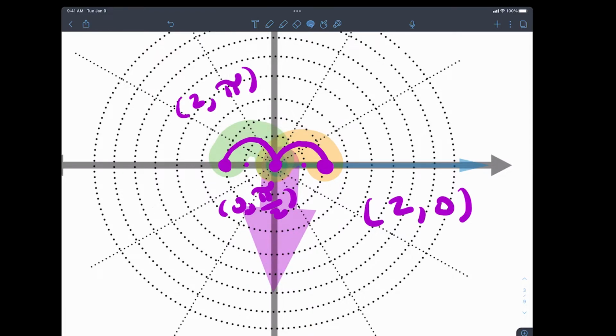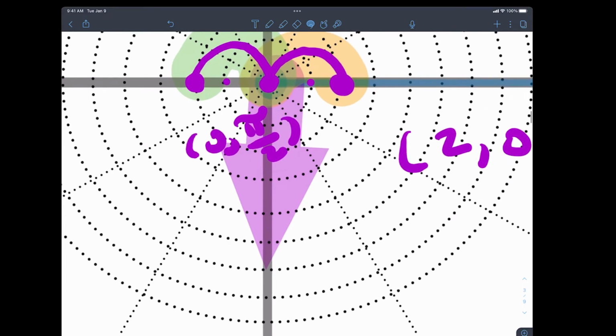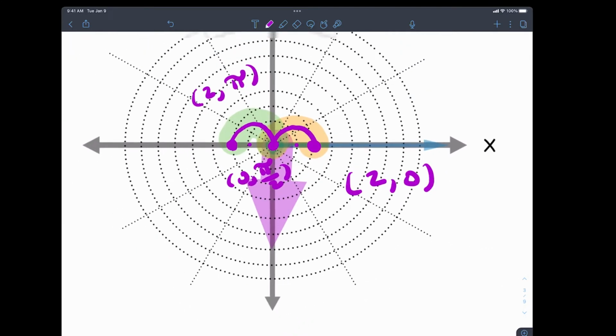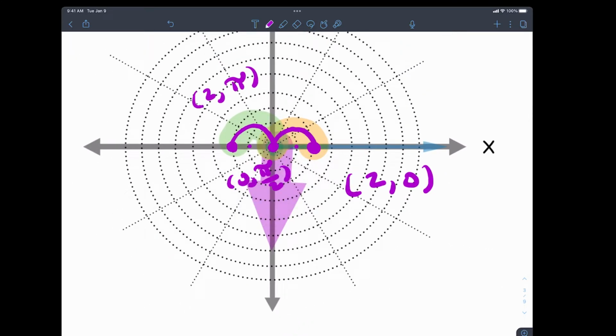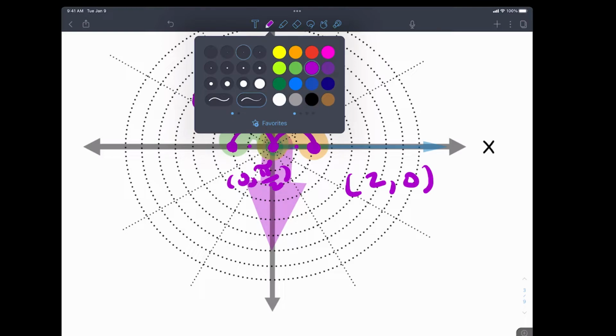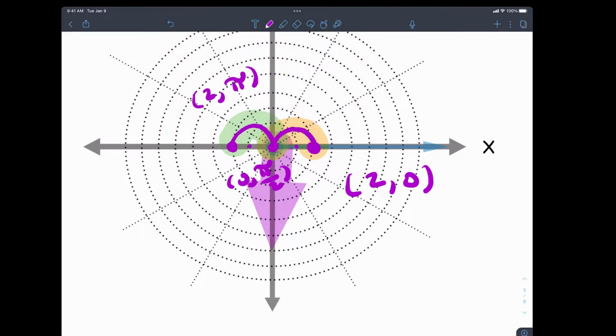What happened to the radius? It's now what? 4. So you say, how do I find 4? Well, let me do this so you guys can see. I think it looks like what? 1, 2, 3, what? Right here. This is 4, comma, 3 pi over 2.